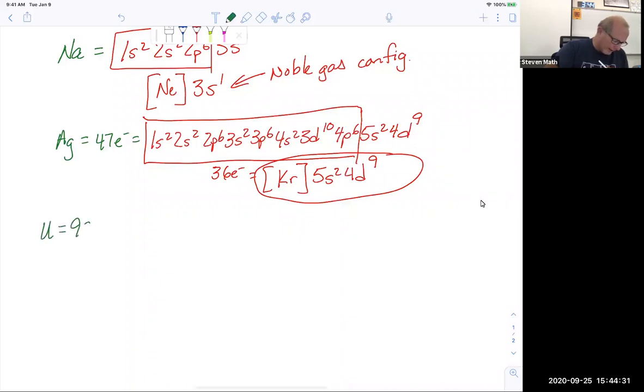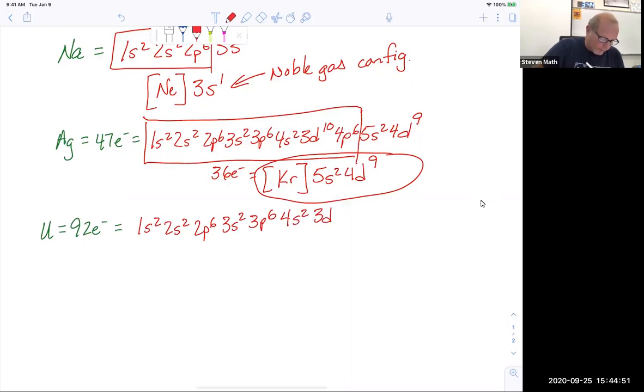Uranium has a lot of electrons, 92 electrons. This is going to take us a little while, but patience. 1s2, 2s2, 2p6, 3s2, 3p6. All I'm doing is following the filling order that we learned when we did diagonal fill diagrams this week. 4p6, 5s2, 4d10, 5p6.